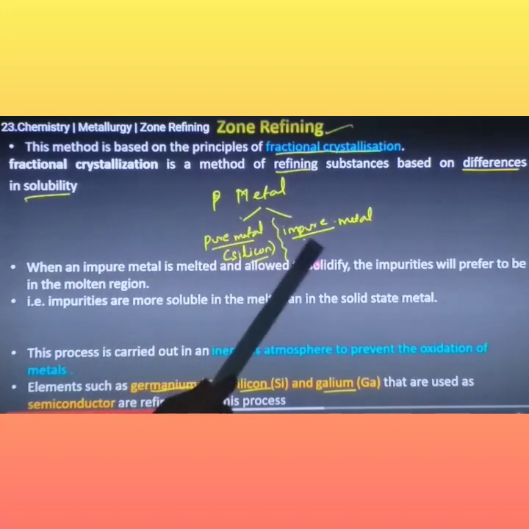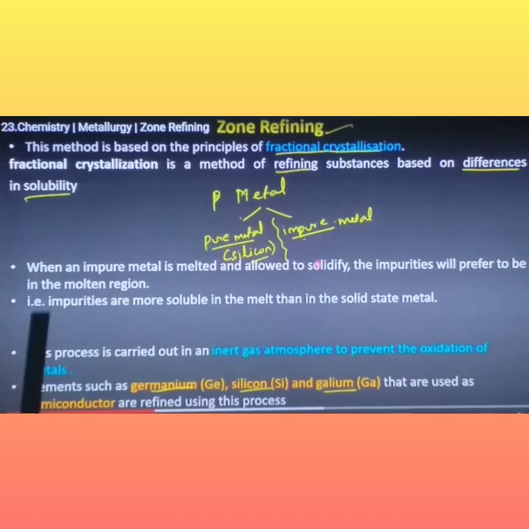Now the impurities always prefer to stay in the molten region only. So the pure metal changes into the solid portion. So a zone is created: in the solid portion the pure metal will be present, and in the molten region the impurities are preferred. So the impurities are more soluble in the molten state than in the solid state.